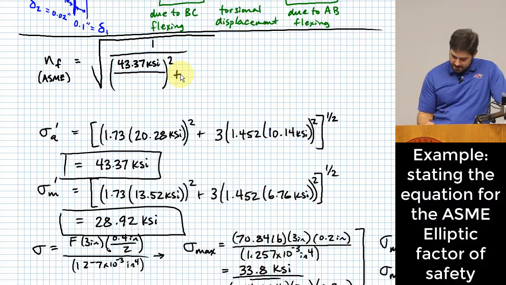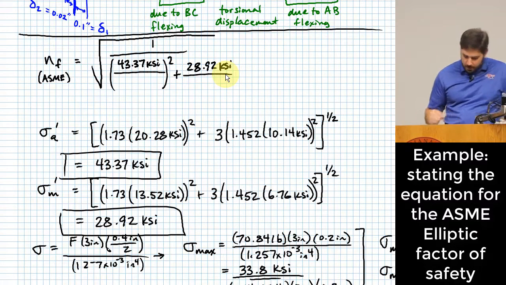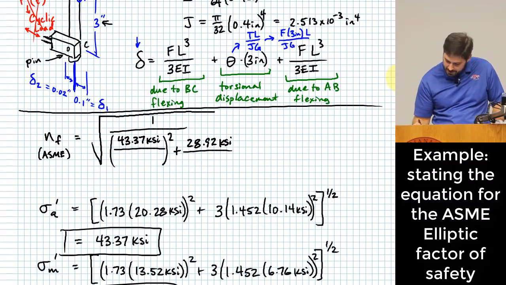Then 28.92 KSI for our mid-range component over S sub Y, and S sub Y was up here at the top, 84 KSI.